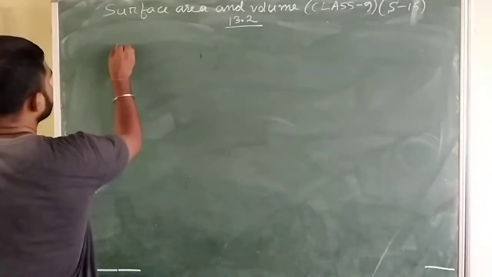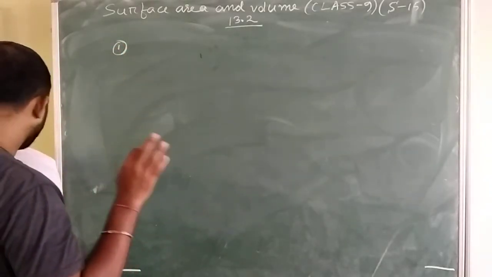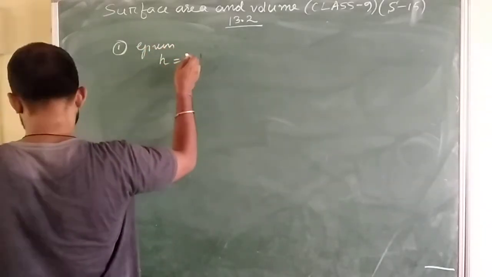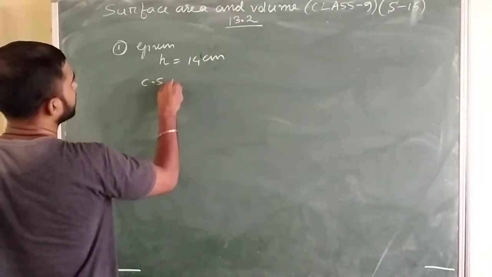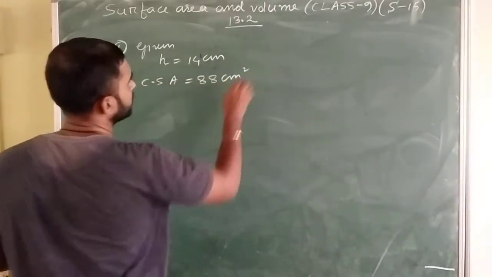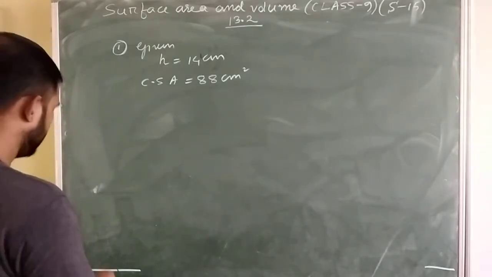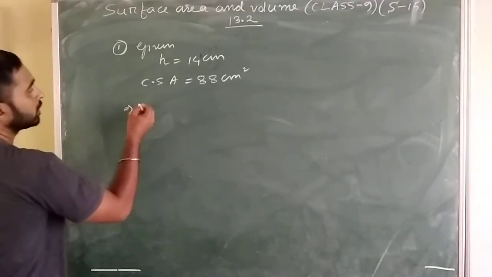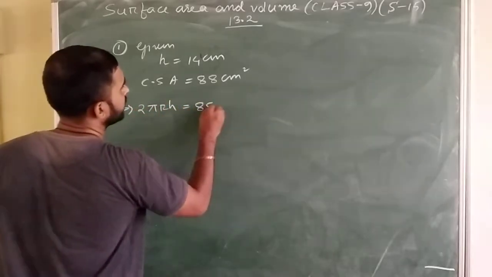So the first question is: the CSA of a right circular cylinder of height 14 is 88. So what is given? H equal to 14 centimeter and curved surface area equal to 88 square centimeter. Now curved surface area means 2 pi RH is equal to 88.